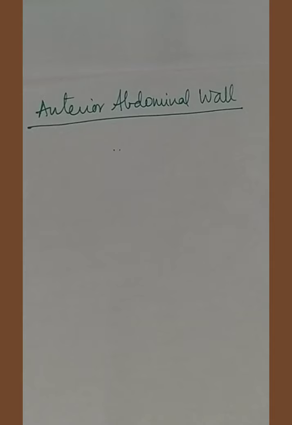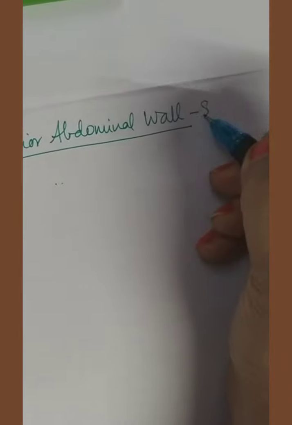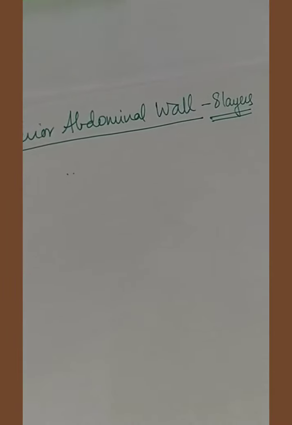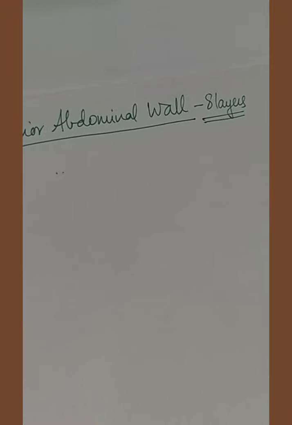Now, the anterior abdominal wall. This wall is a firm and elastic wall. This consists of 8 layers. So, what are the 8 layers?